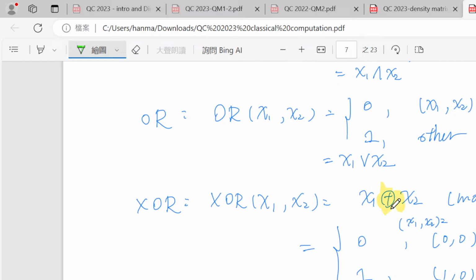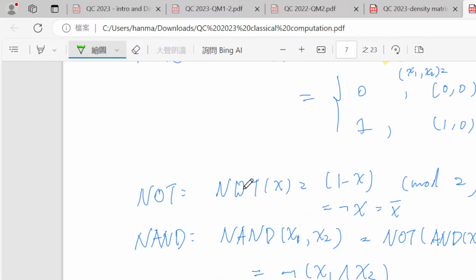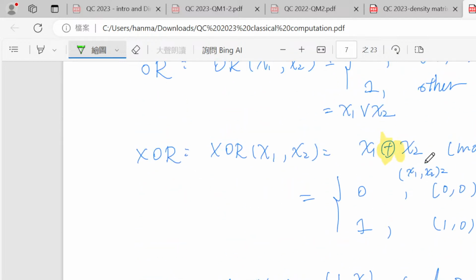It means you are adding 2 bits mod 2. Adding 2 bits mod 2 means that if the input is 0, 0 or 1, 1, you get 0, and for 1, 0 or 0, 1, you get 1. This we'll see more in quantum computation. So better remember XOR.